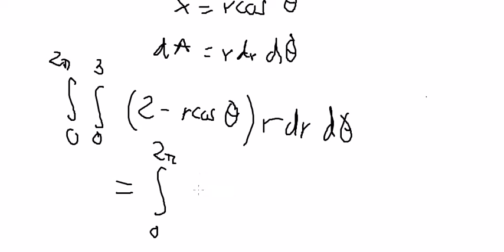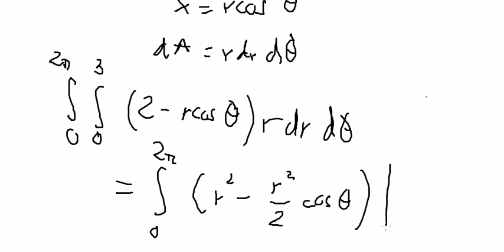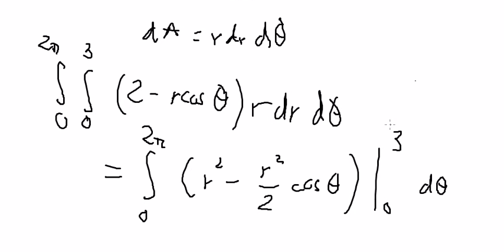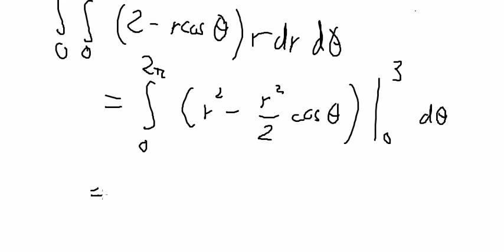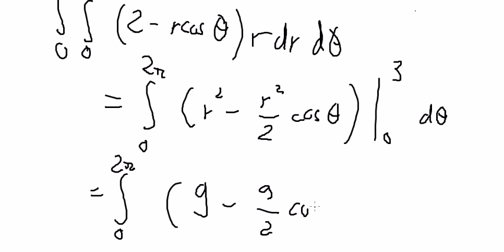So in this situation you get r squared minus r cubed over 3 cosine theta, and we have the boundaries from 0 to number 3. We put number 3 in here, and we get 9 minus 9 over 2 cosine theta.